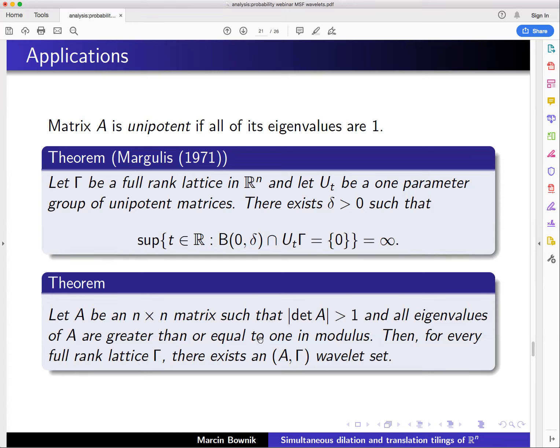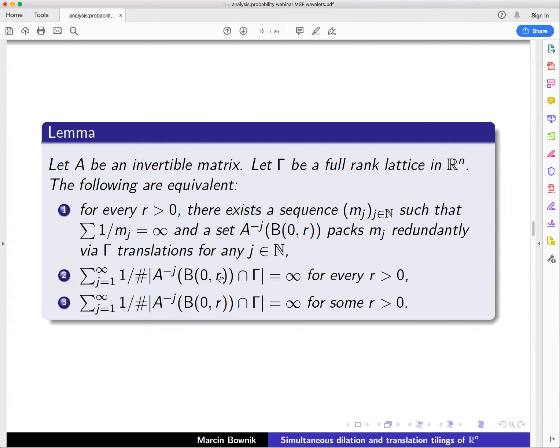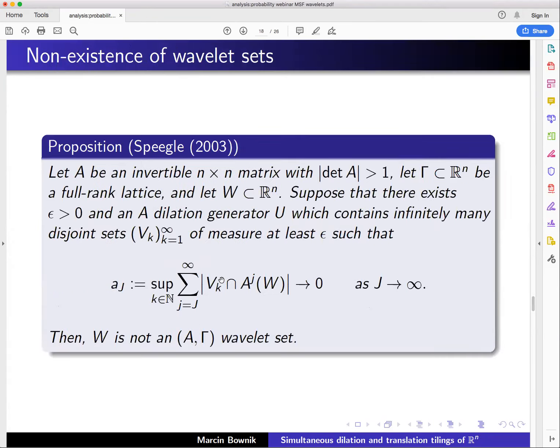The reason for this is that when you look at the ball of radius 1, infinitely many negative dilates of that ball will contain a bounded number of lattice points. So that series in this characterization will, well, okay. Let me just come back to that: this condition will be satisfied. Condition 2. Okay, so let's come back to that.